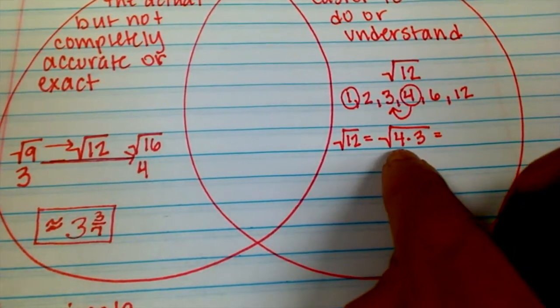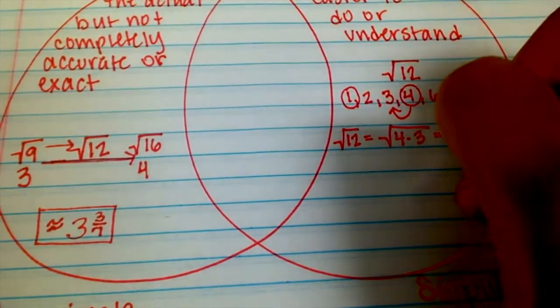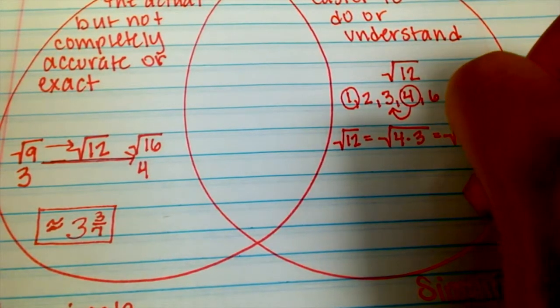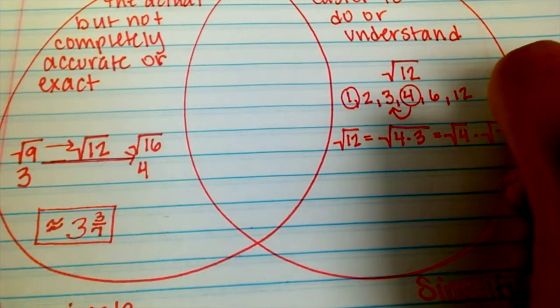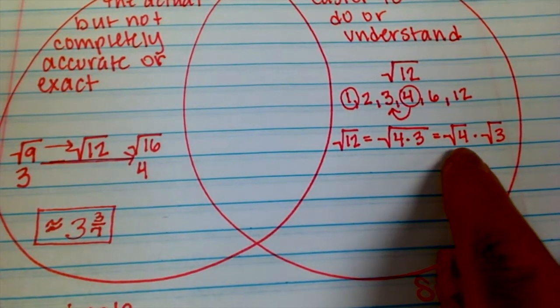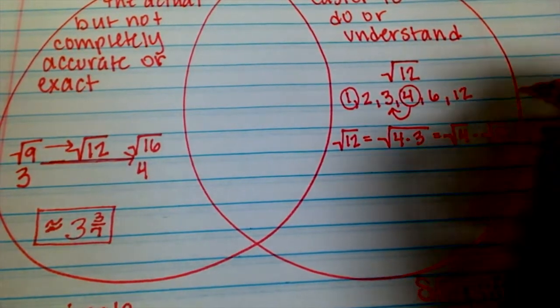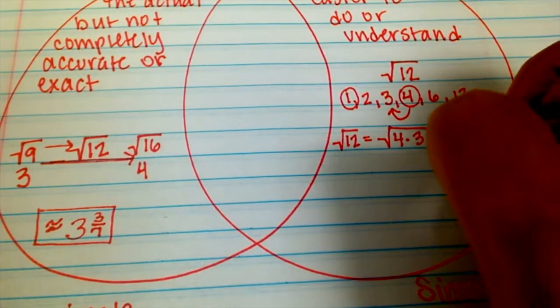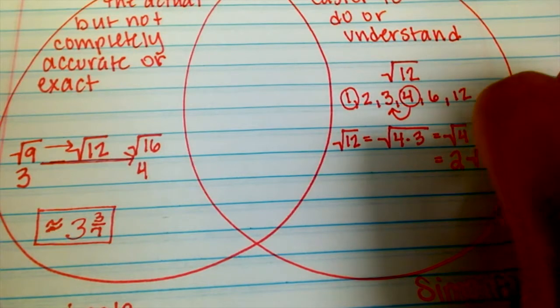Then I'm going to break it apart at the multiplication sign. So this is the square root of 4 times the square root of 3. Basically, I'm trying to get out that perfect square. What is the square root of 4? 2. So this is the same thing as 2 times the square root of 3.